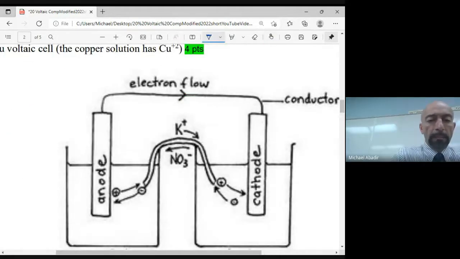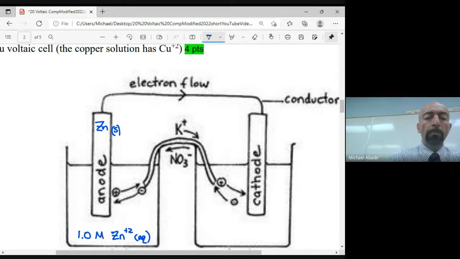Okay, so the zinc solid is going to be right here. Don't forget to put the state of matter just to remember that. And then you're going to put your zinc ion right here in the solution. It's +2 aq. And remember that the standard cell always is 1 molar. So add in that 1 molar there.